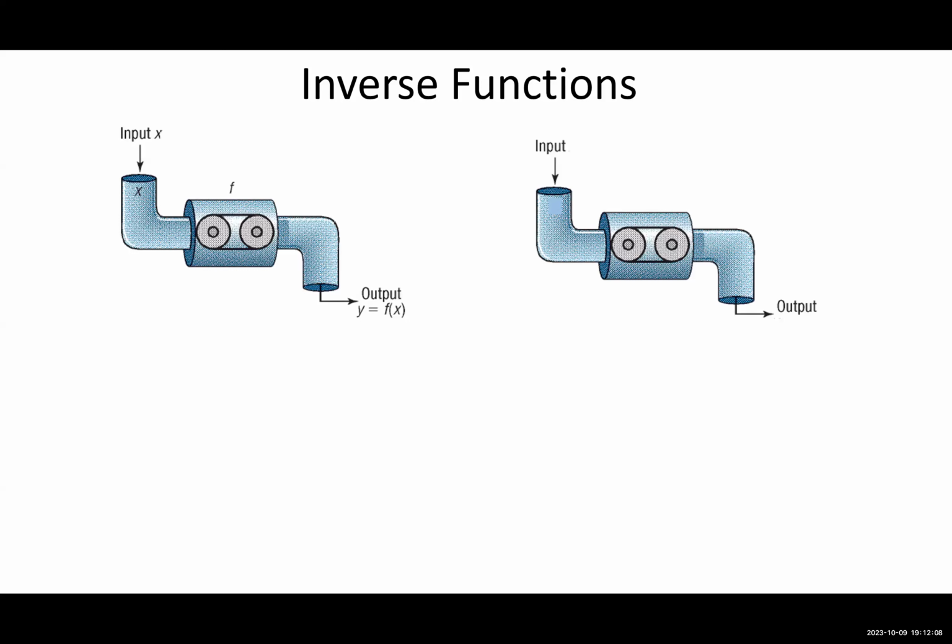I've used this diagram previously when we were talking about functions in our introduction to functions. That was about 5 or 6, maybe 7 videos back. A function is like a machine. A function is an input-output machine. So a number goes in, the input.